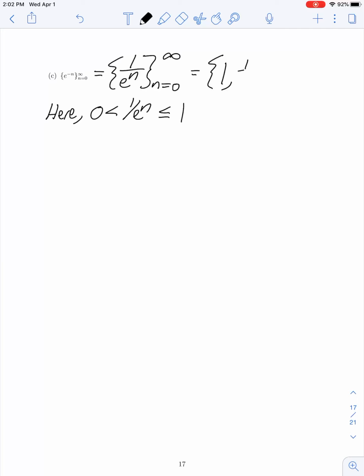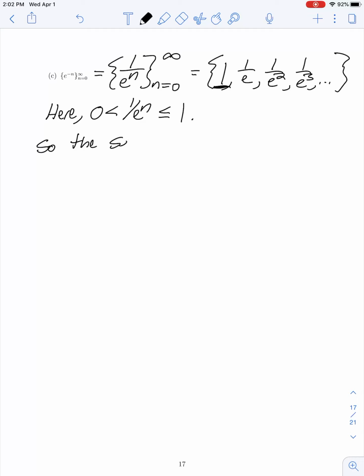To see why, we could list the first few terms of our sequence. So starting with n equals 0, we would have 1 over 1. Moving to n equals 1, we have 1 over e, 1 over e squared, 1 over e cubed, and so on for the terms of this sequence.